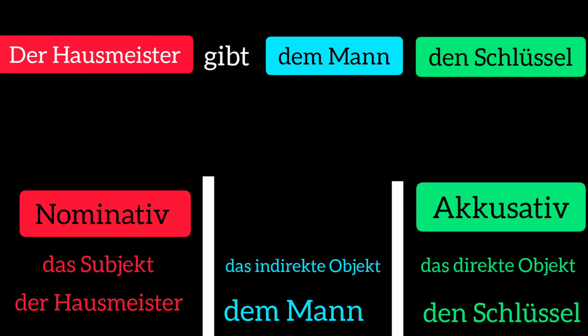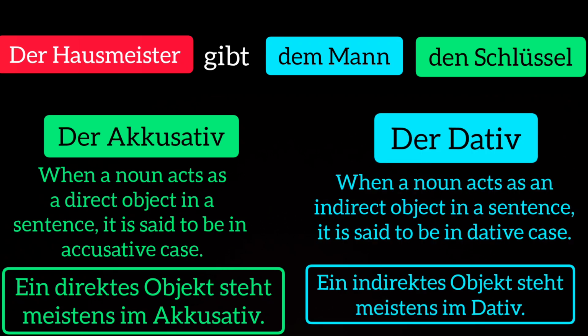Now, another important information: when a noun acts as an indirect object in a sentence, it is said to be in its dative case. Ein indirektes Objekt steht meistens im Dativ. Im Dativ.